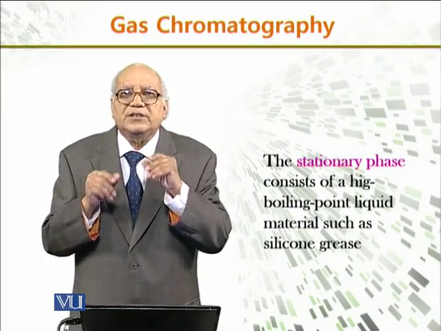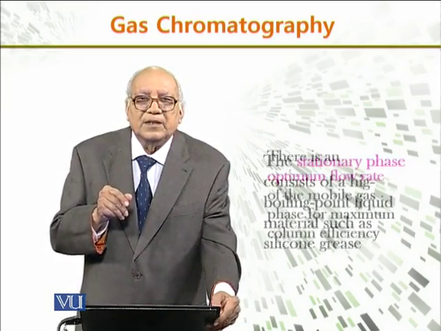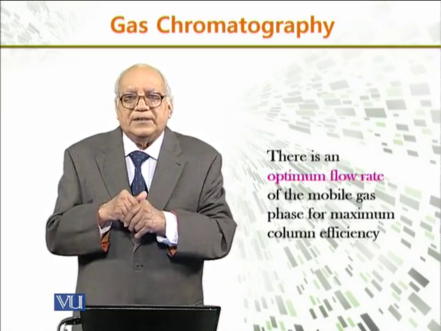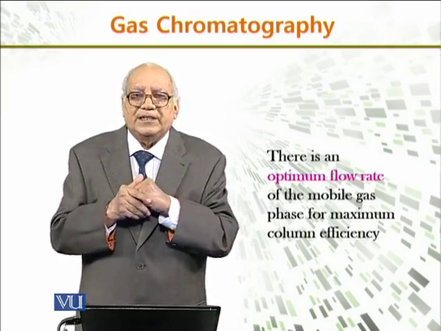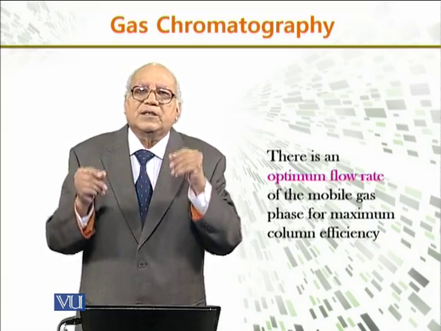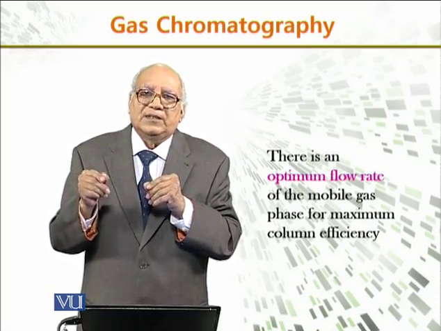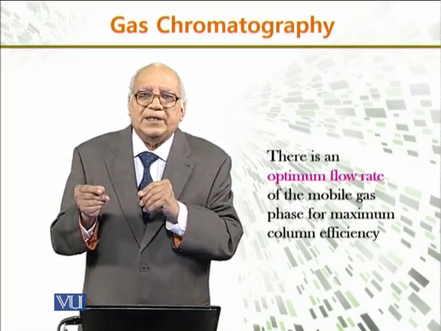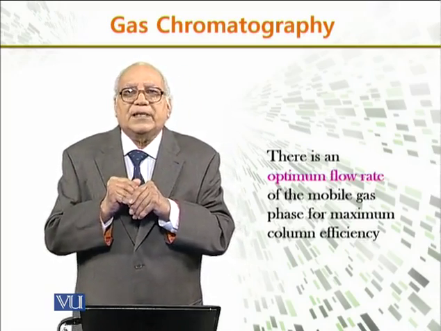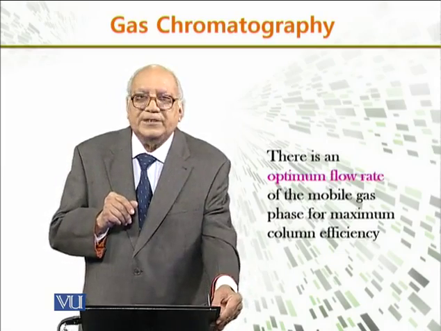That is the stationary phase in the column, and there is an optimum flow rate of the mobile gas phase for maximum column efficiency. That is, the flow rate should also be optimized for getting the maximum column efficiency.